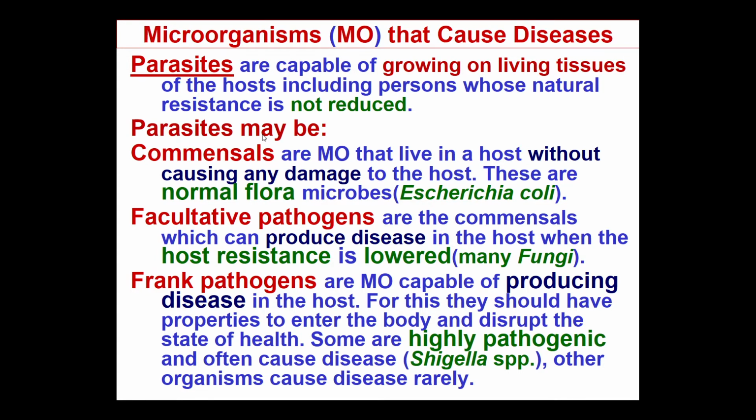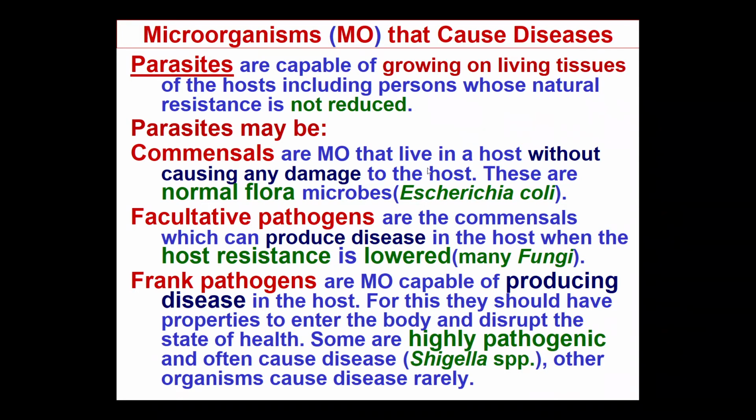Due to this, parasites may be subclassified into the groups of commensals, facultative pathogens, and frank pathogens. Commensals are microorganisms that live in a host without causing any damage to the host. These are normal flora microorganisms, for example, Escherichia coli. Escherichia coli lives in our large intestine and other habitats without causing disease.